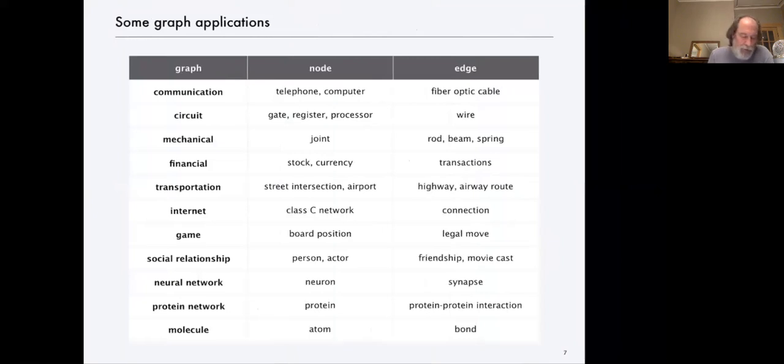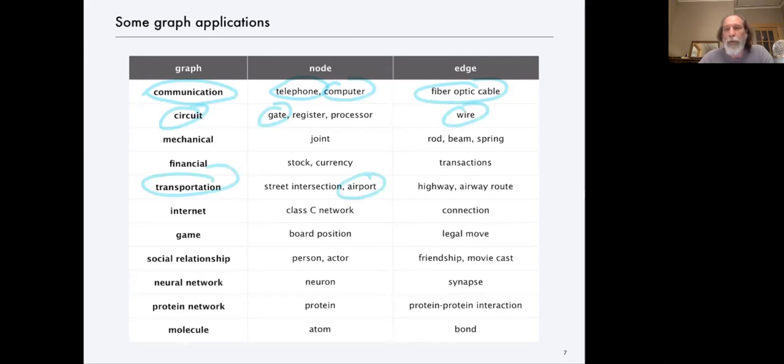Okay, lots of applications, but just very quickly mentioning a few. In communications, you might have phones and links between phones, or computers and links between computers. In an electronic circuit, you might have nodes or gates, and an edge represents a wire between two gates. Various transportation problems are very natural.